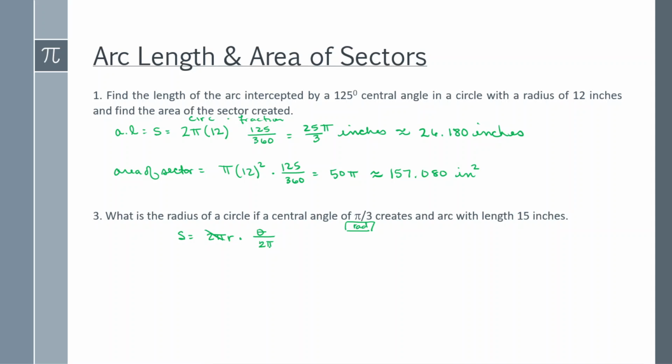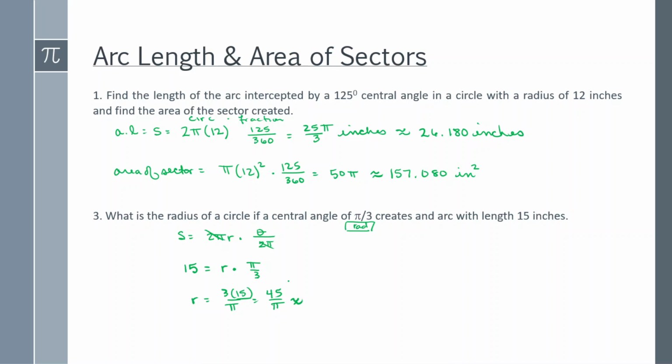So the 2 pi's go away, and I end up with the arc length of 15 equals my radius times my angle. And so if I solve for r, I end up getting 3 times 15 over pi. So that's 45 over pi.